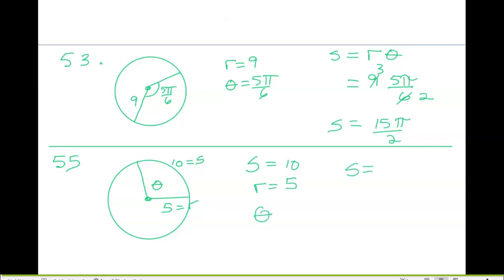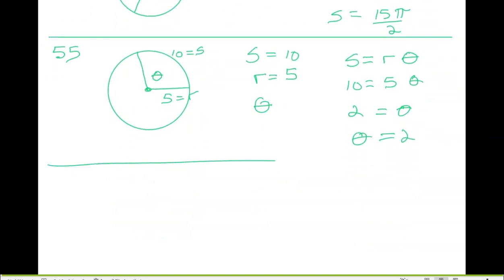Well, I know S equals r times theta, so plug in your r of 5, your S of 10, so theta must equal 2. So theta equals 2 for 55. Okay, that completes 55. So then that brings us to 57.